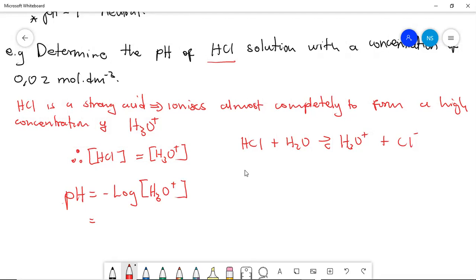Therefore, we substitute minus log 0.02, and if you press your calculator, you'll get an answer of 1.7. This pH confirms that it might be correct because HCl is a strong acid and therefore its pH is closer to 0. That gives you confidence that your answer might be correct.